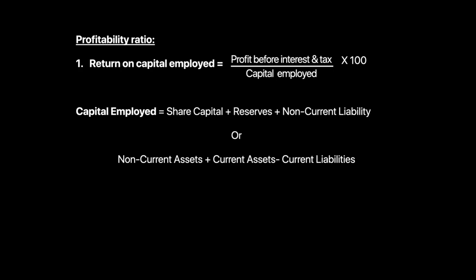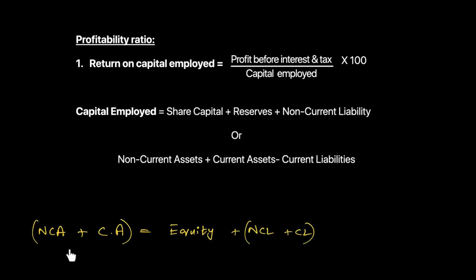Another way to calculate capital employed, if you do not have this information, is to calculate it using total assets minus current liabilities, because we're rearranging our accounting equation, which is assets equal to equity plus liabilities.